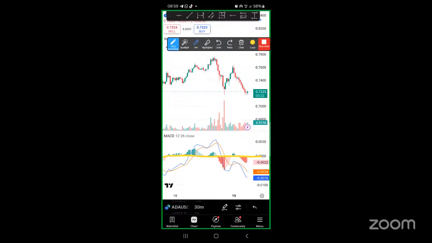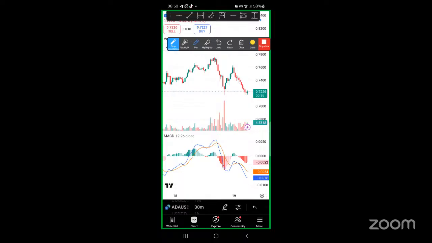So here is the concept of MACD. Whenever you see the blue line crossing the orange line, heading to the top, that point we call a golden cross. It indicates that the market is about to go upward.